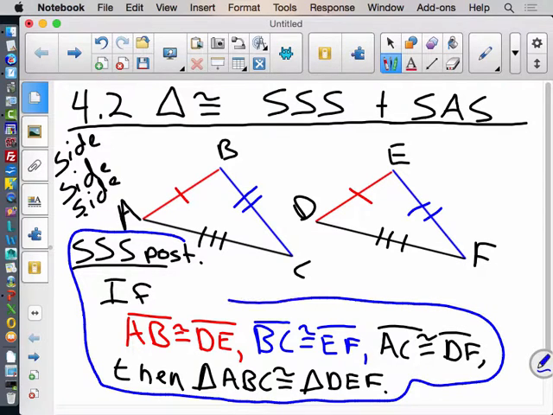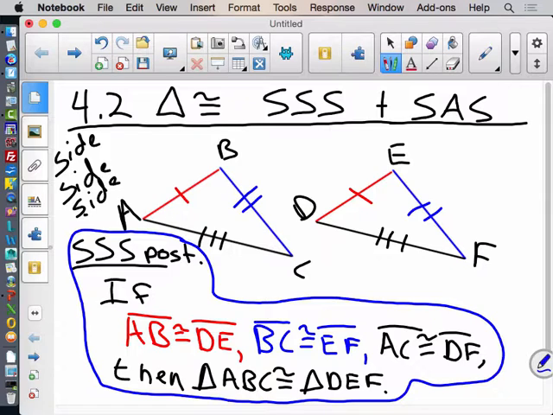So what we've got to do, remember that in our statements, if P is true, then it implies Q is true, right? So what we're saying is if these corresponding sides are congruent, and these corresponding sides are congruent, and these corresponding sides are congruent, then the triangles are congruent, right?